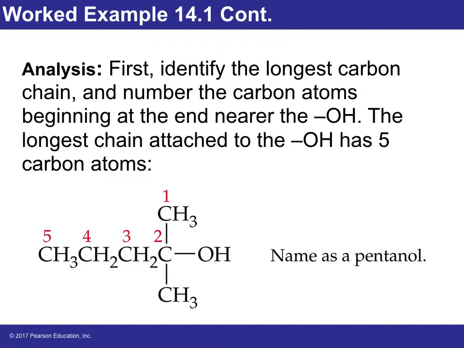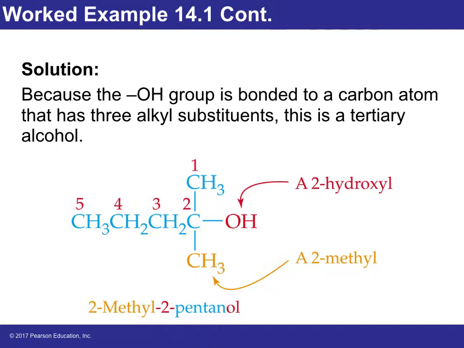Here we look at 1, 2, 3, 4, 5 carbon atoms. So that will be a pentanol. Then we look at what type of substituent we have. So this is the hydroxyl we have. We have a methyl in number 2. So that's going to be a 2-methyl-2-pentanol.